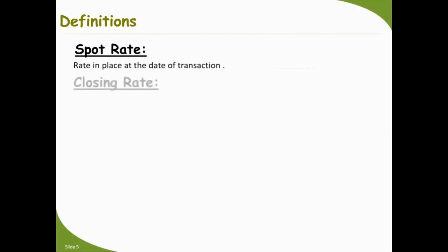Then spot rate: the rate in place at the date of transaction. Today say you are doing the transaction and the exchange rate of today, that is spot rate.